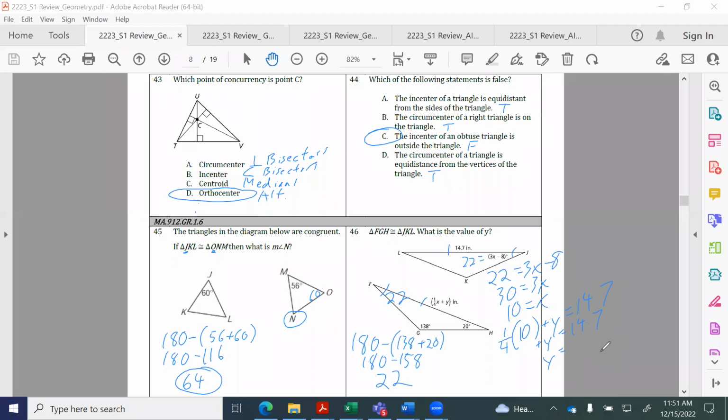I made a mistake. I put 0.4. 10 divided by 4 goes into it twice, 2 left over. 2.5. So subtract that, and it's 12.2.